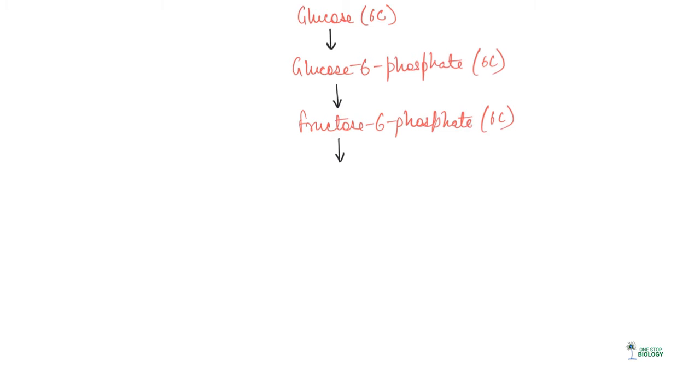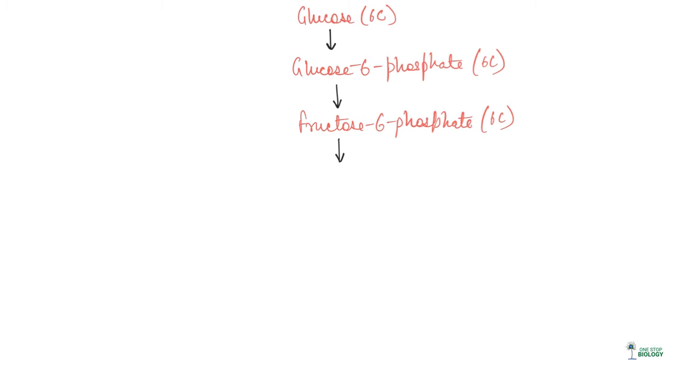Now from fructose 6 phosphate, what happens? The fructose 6 phosphate converts into fructose 1,6 bisphosphate, right?